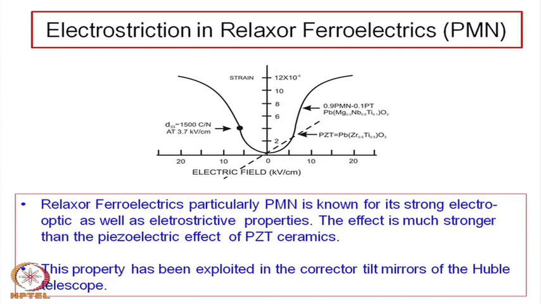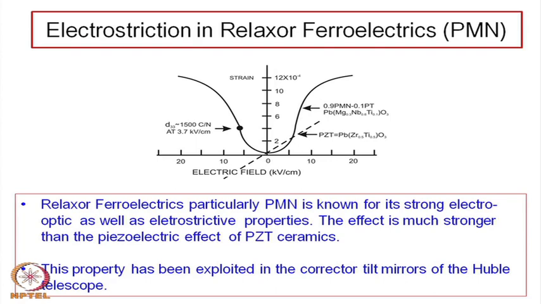The Relaxor Ferroelectric materials are also characterized by another very important property, that is the electrostrictive property. As you have discussed earlier, electrostrictive properties have some similarity with the piezoelectric property, where as a function of applied field there is a strain, the dimension changes as a function of applied field.